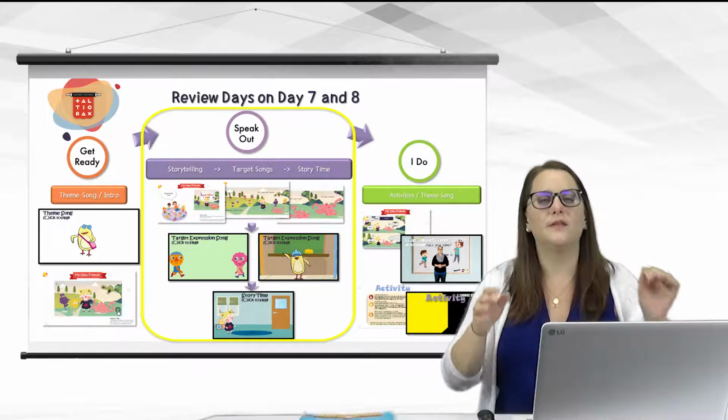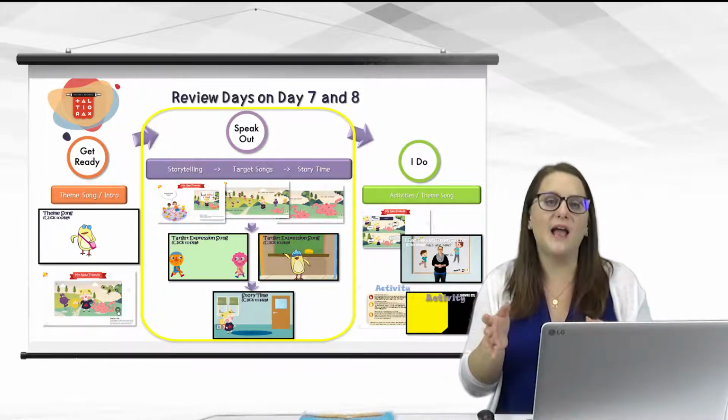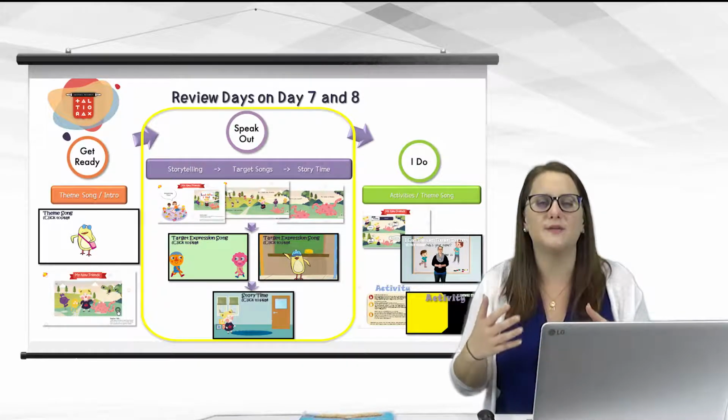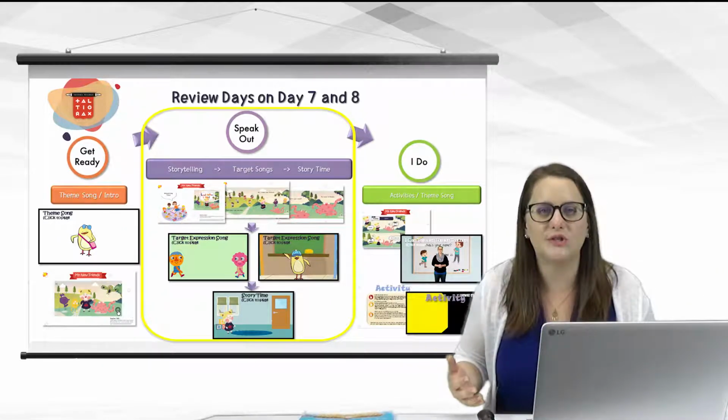Also, with any kind of target expression song, the kids are going to be seeing the same expressions they've already learned from day 1 through 6, but in new situations.